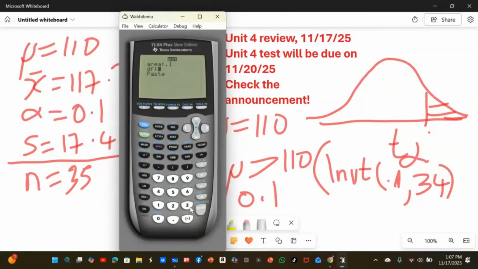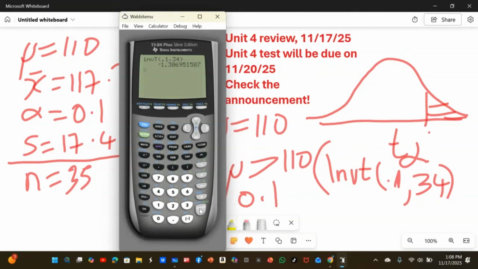Degree of freedom is 35 minus 1, that is, 34. So I'm going to paste. So critical value is negative 1.31 approximately. Actually, it cannot be negative.